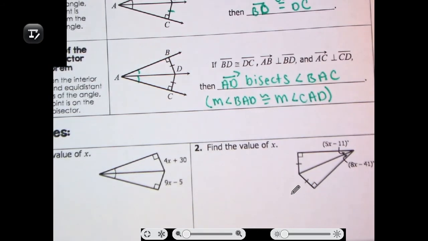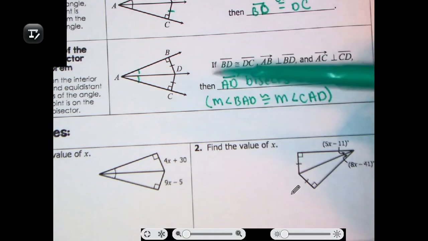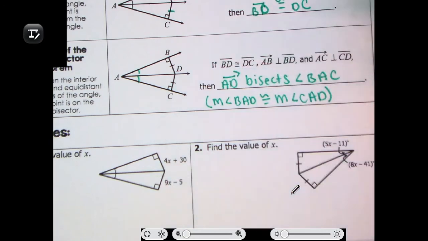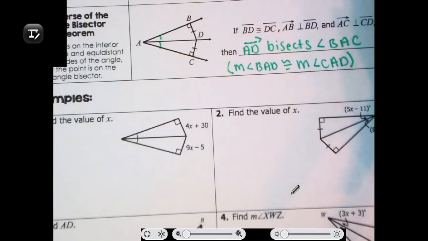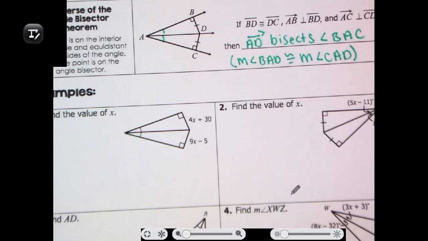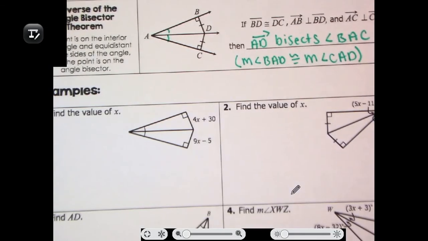So the important stuff for us is, these are congruent, these angles are congruent, and we're going to use that knowledge now to solve some problems where we find the value of x. So we find either missing angle values or missing side lengths. It will be very similar to perpendicular bisectors. If I look at number 1, this goes back to this top theorem up here.